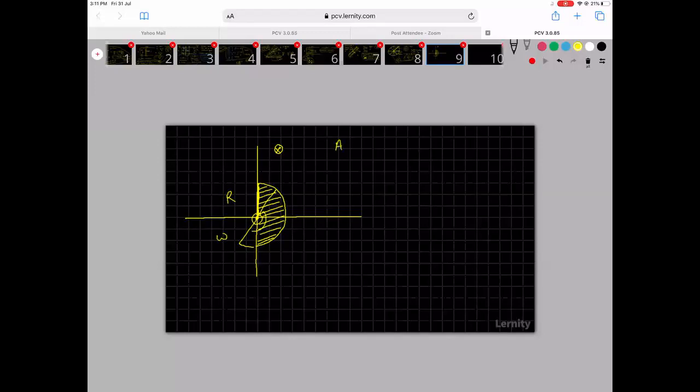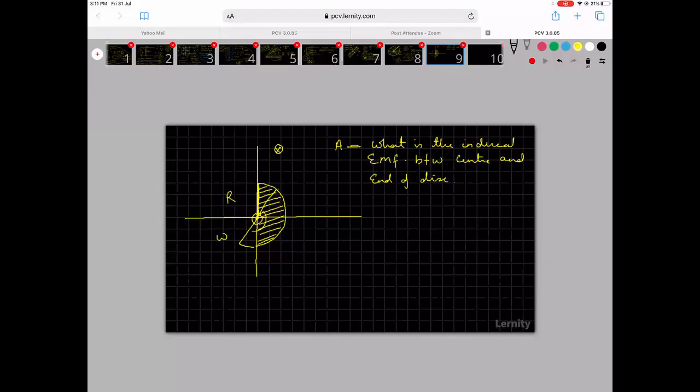They are asking, A, what is the induced EMF between the center and end of disk?